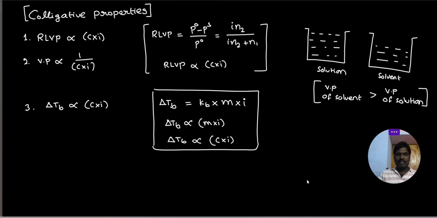For example, the resulting solution vapor pressure decreases, so how can you achieve atmospheric vapor pressure? You have to raise the temperature. Then at what temperature does solution vapor pressure equal atmospheric vapor pressure? That is called the boiling point of solution. So this difference from solvent to solution is called elevation, because here it increases. So elevation in boiling point.